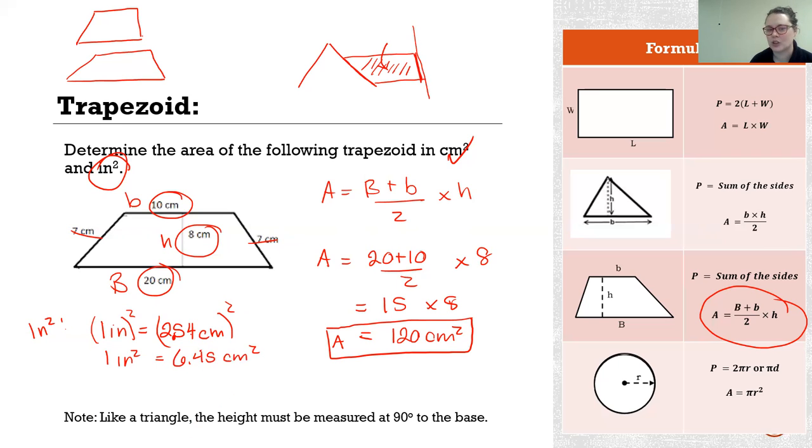There's our new conversion. We are going from centimeters to inches, so it's going to be division. 120 divided by 6.45 equals 18.6 inches squared.